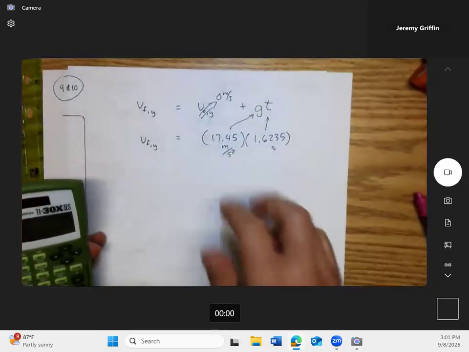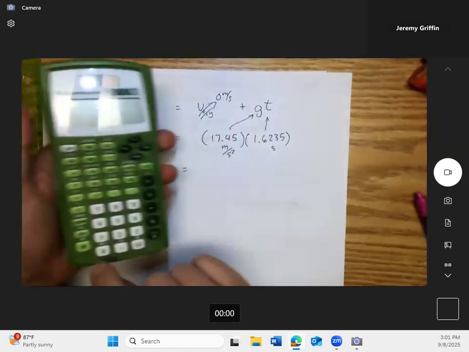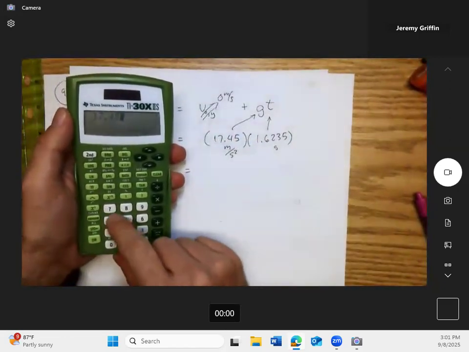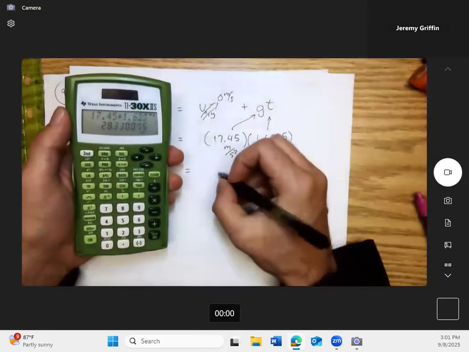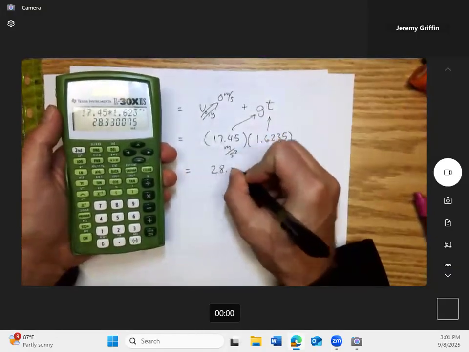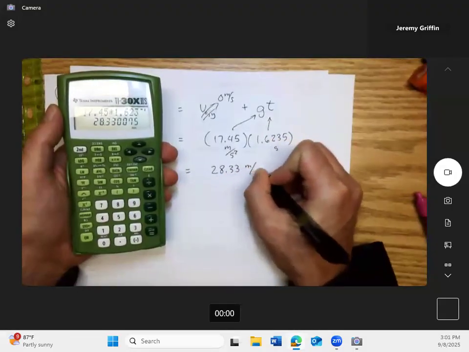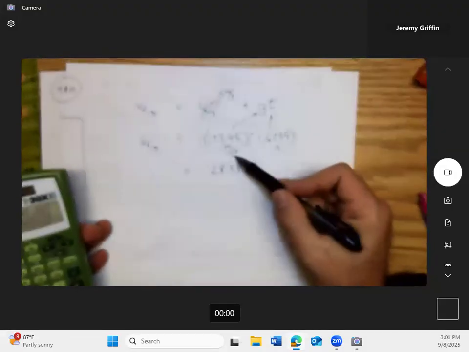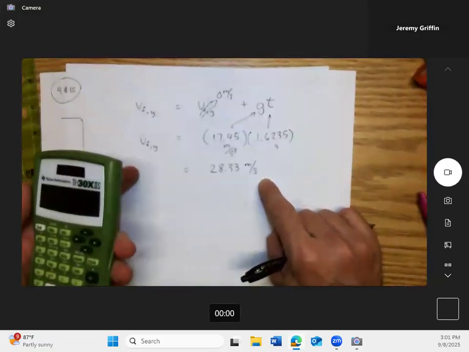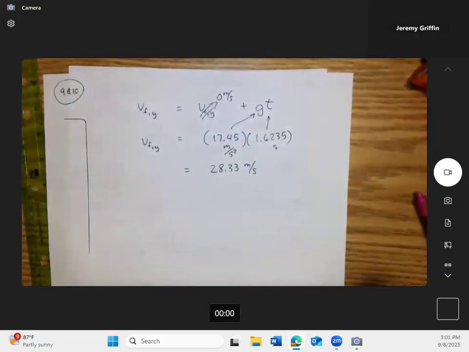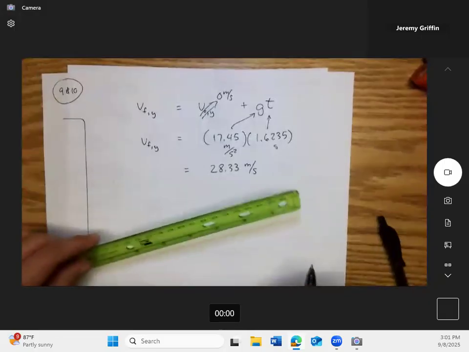But I have lots of digits, so it should be safe. What's that times that? I'm looking at this many meters per second. This isn't meters per second squared times seconds. Meters per second, which could describe a velocity. So that's good. Now we still have one more step to go.